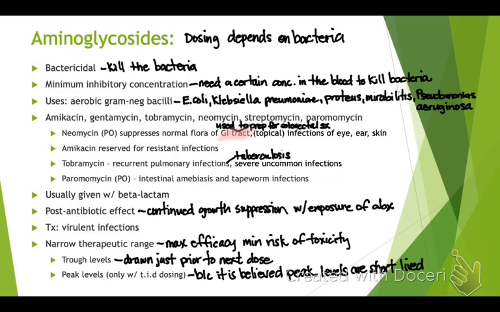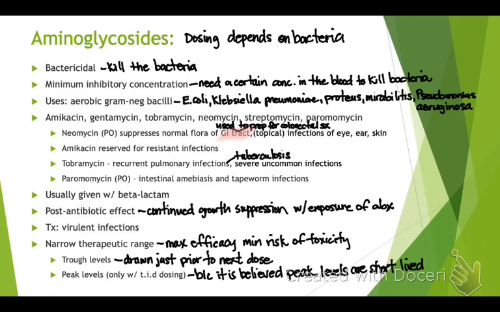Peaks are going to be drawn 30 minutes after a 30-minute infusion, which means 1 hour after the start of the infusion, or 30 minutes after an IM injection. And remember that when we are talking about your beta lactams, they are time-dependent killing antibiotics, so they do require a minimum concentration in the blood for a specific amount of time in order for them to be effective.